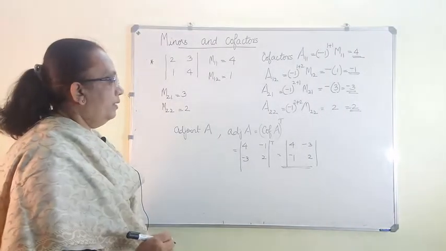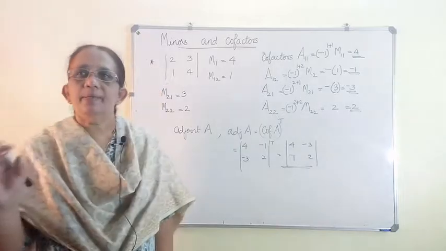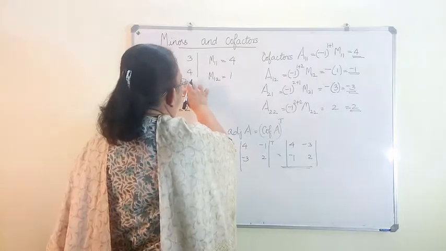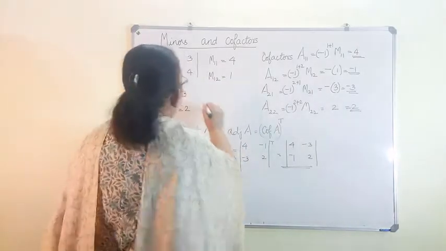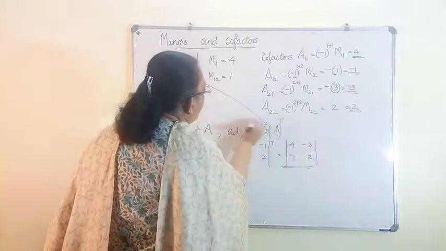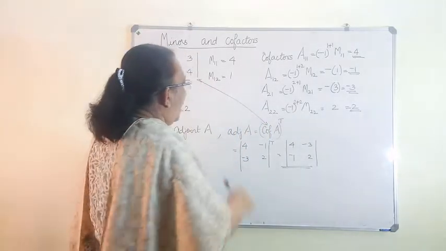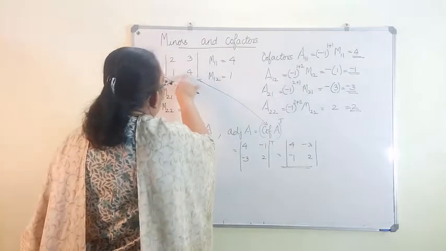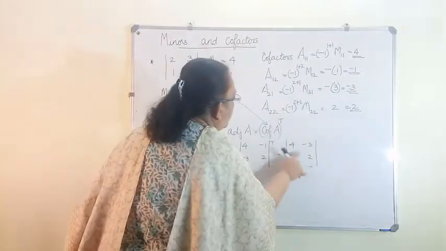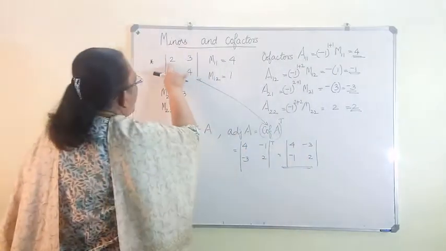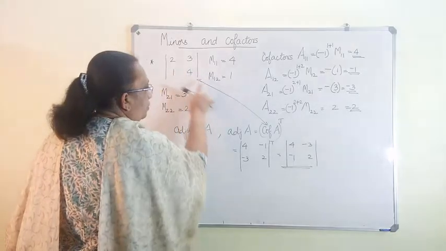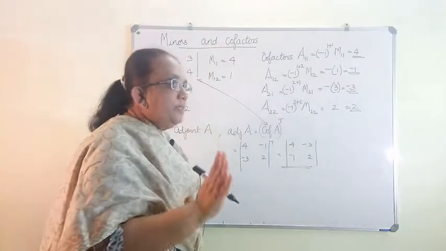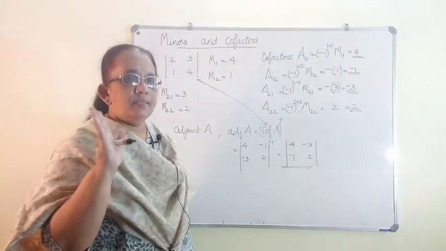From this one, I'll give you an easy method to find the adjoint of a 2 by 2 matrix or a 2 by 2 determinant. From these two, you can see that adjoint of the determinant A is obtained by interchanging these two numbers. 4 becomes A11, 2 becomes A22. And this 3 and 1 you keep as such and just change the sign.